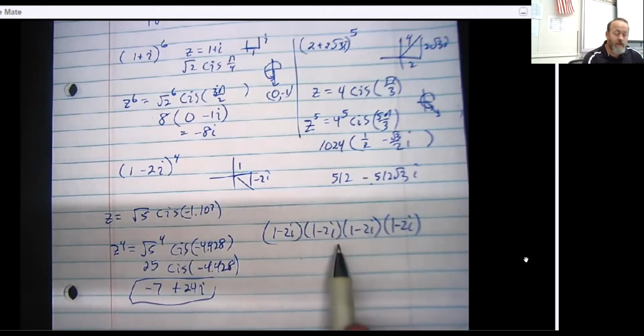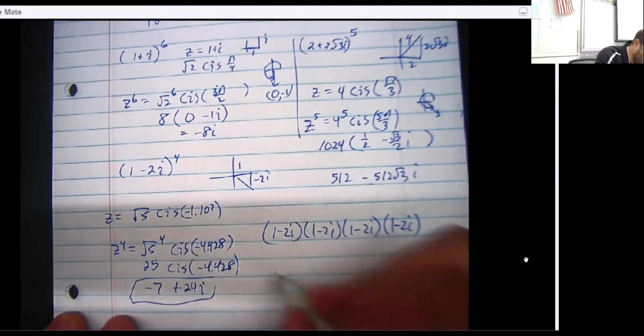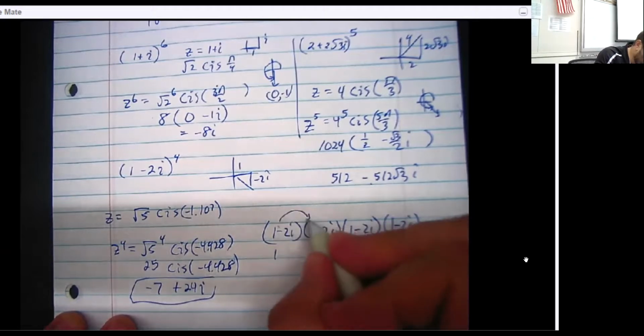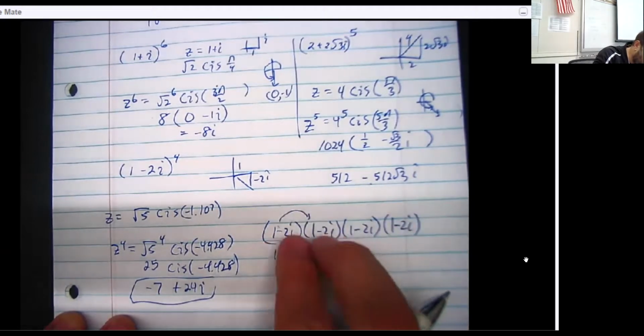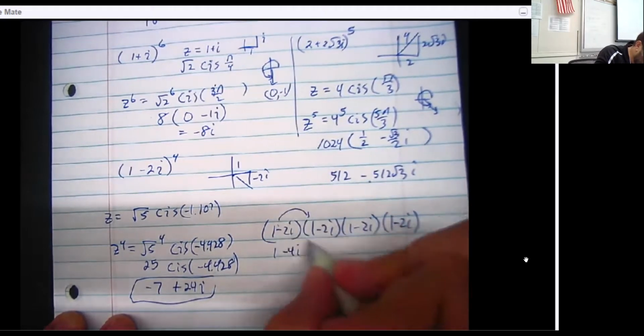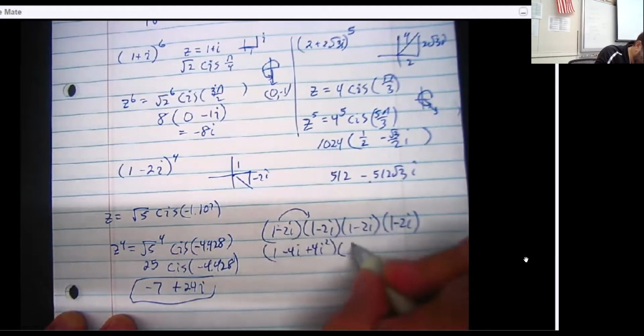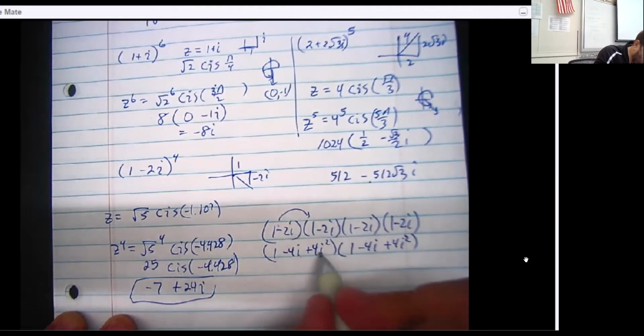This problem using the method that you did back in Algebra 2, which is like full distribution, 1 minus 2i plus 4i squared. This, of course, is going to be the same. 4i squared is negative 4. So that's negative 4 minus 4i.